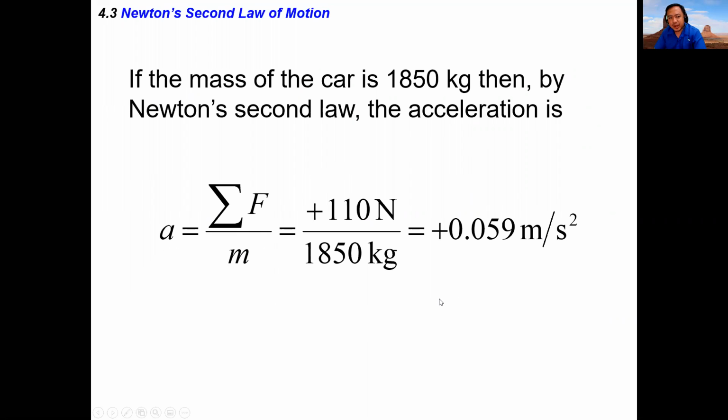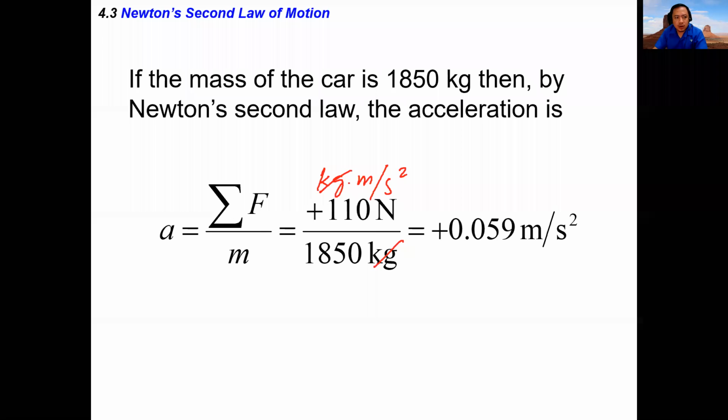Just manipulate it. And why is the unit meter per second squared? Take note that the unit of Newton is kilogram meter per second squared. So we can cancel out kilogram, and what is left is meter per second squared. That's how important units are in problem solving, especially in physics.